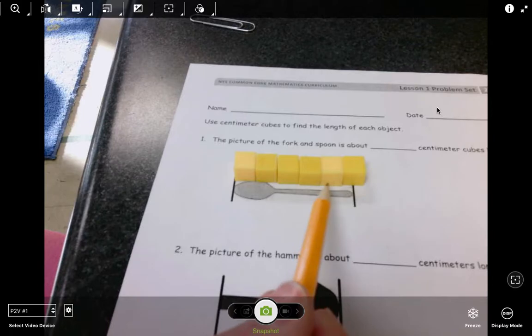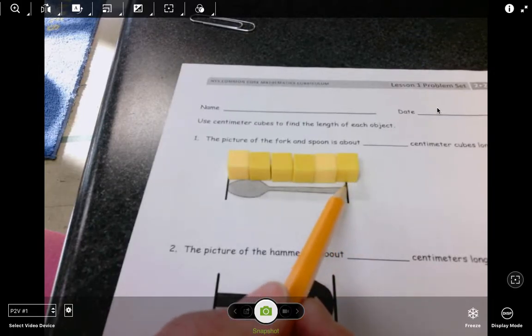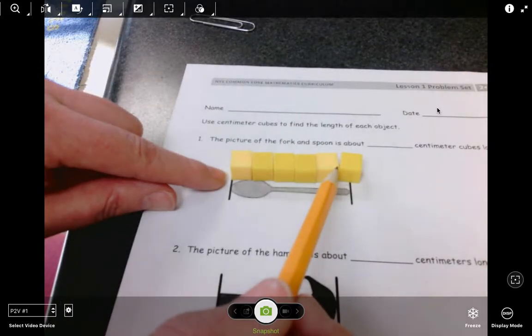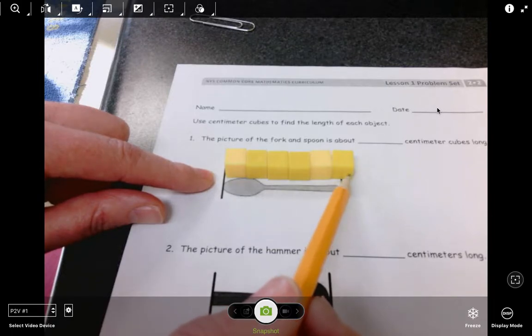It's about 5 centimeters. You would not include this 6th one because it goes so far past the middle of the line. So even though we added it in, the end of the object is actually closer to the end of this 5th cube as opposed to the end of this 6th cube.